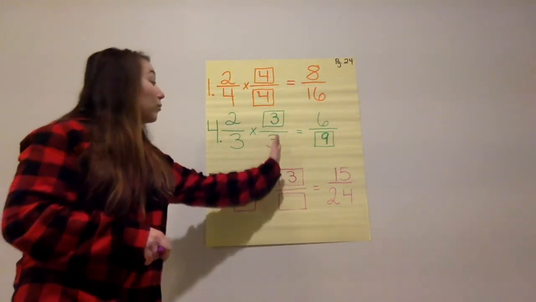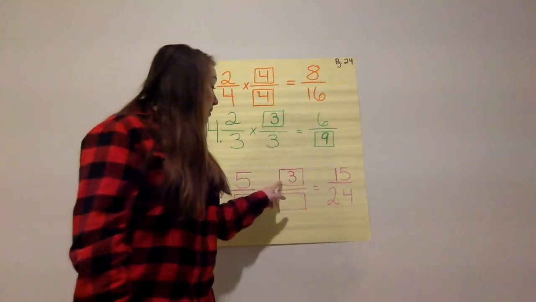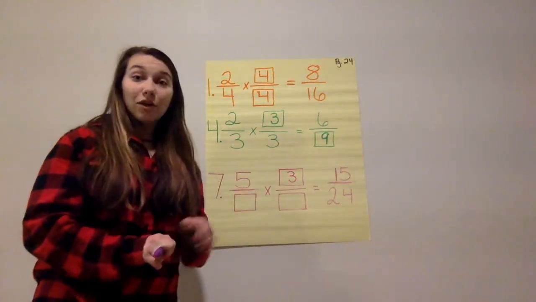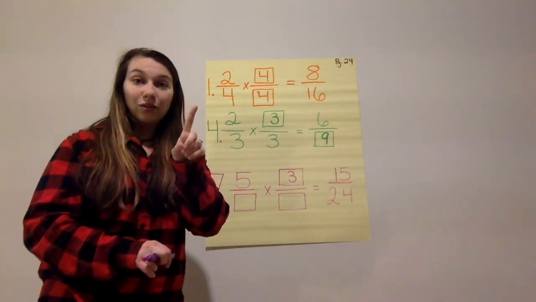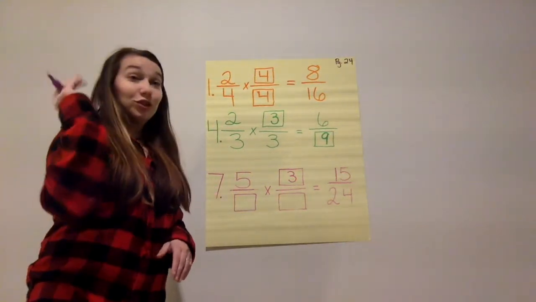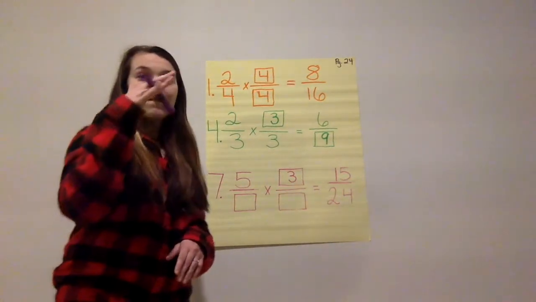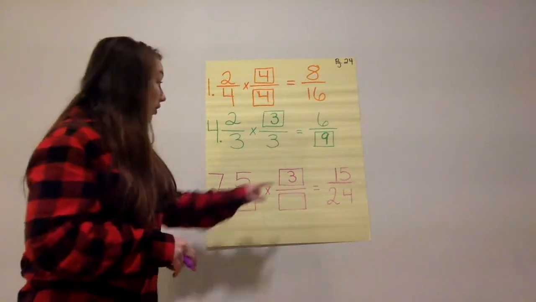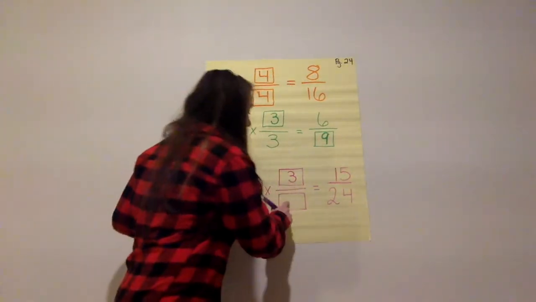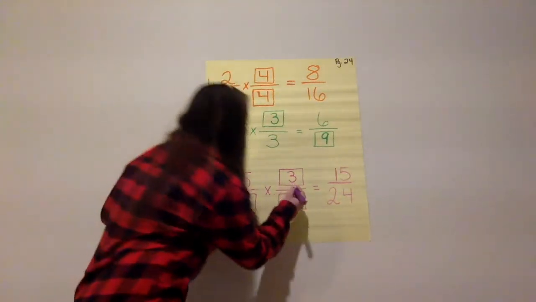Because we know whenever we are trying to find equivalent fractions and we're multiplying by a fraction, we are trying to multiply by 1. All right, so 2 halves make 1, 4 fourths make 1, 5 fifths make 1, 3 thirds make 1. So this right here is going to be a 3. Very good.